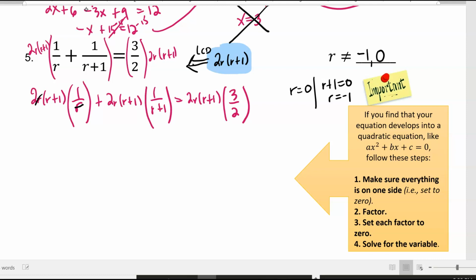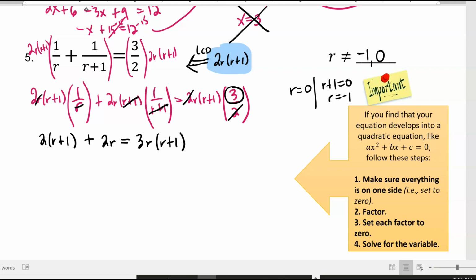You should get rid of all of these denominators. Then you have a 2 left, and an r plus 1 left. Plus, the r plus 1's cancel in the middle, and you just have a 2r left. And on the right side, the 2's cancel, but notice we have a 3, so I'm going to write that first. 3r left and an r plus 1 left.